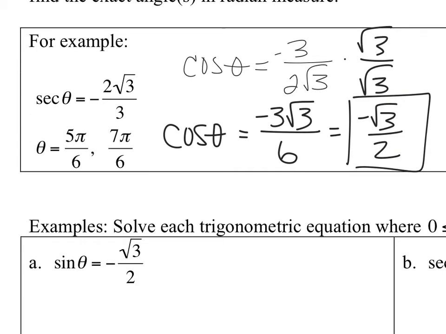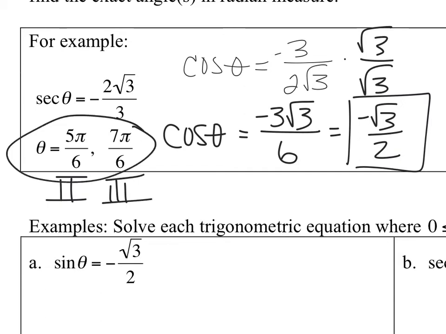The angle occurs in the second quadrant at 5 pi over 6 and in the third quadrant at 7 pi over 6. That's where these answers come from, and that's all we're doing with this. We're going to apply the unit circle and what we know to these answers.